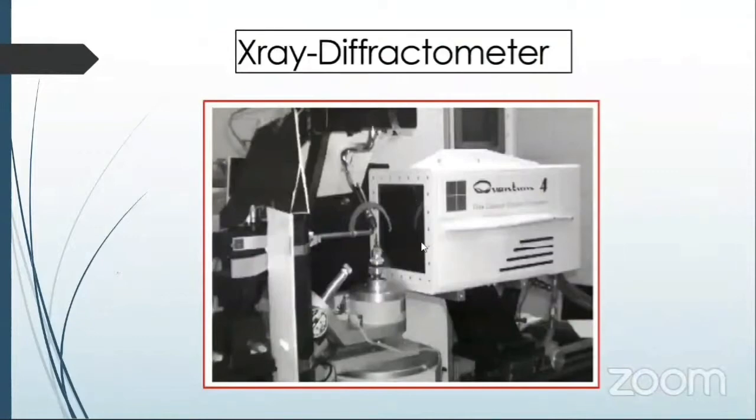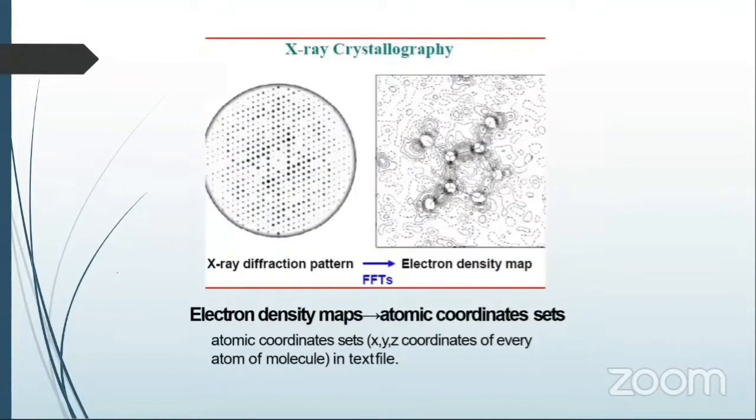So this is how the X-ray crystallography experiment is done. This is the instrument where the particular 3D structure is predicted based on the sequence, and it gets deposited in the PDB database. So this is how the 3D structure of the particular protein is generated, based on the X, Y, and Z coordinates of the molecules.